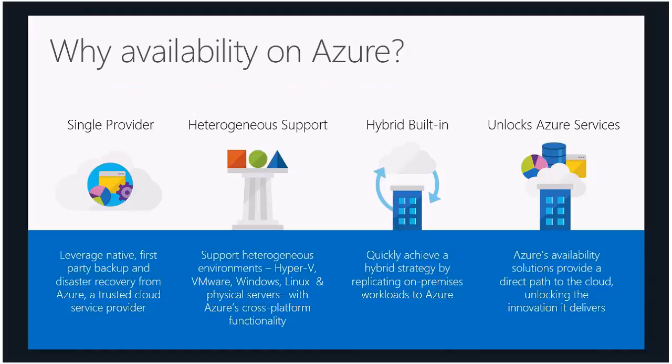It makes it easy to start implementing a hybrid strategy by replicating our workloads from our traditional on-premises data center into Azure, and then through this we can start to leverage some of the other Azure services to further enhance our business, our services, and our platforms.